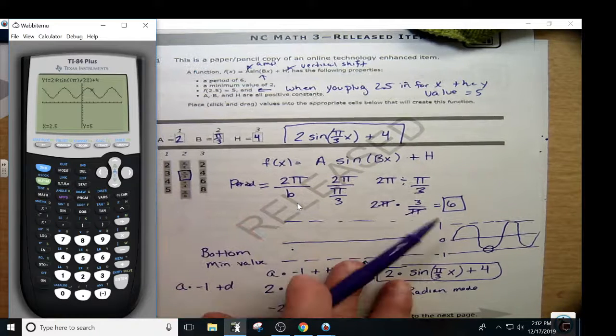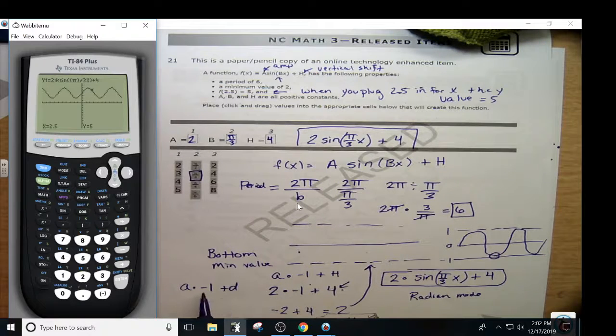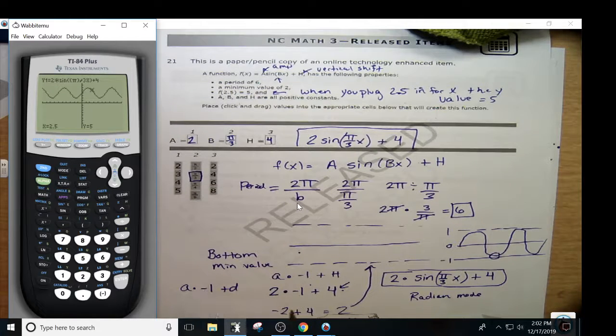Now, guys, you had to plug and chug a little bit, but we plugged in a 2 there times negative 1 because how the negative 1 comes in, that is the parent function of a sine. The parent sine function has a minimum value of negative 1, so now that's where negative 1 comes. 2 times negative 1, so we plugged in the 2 that we thought was right.